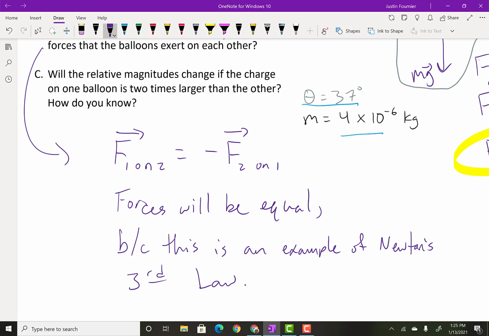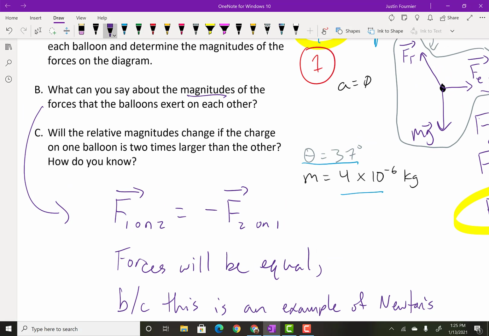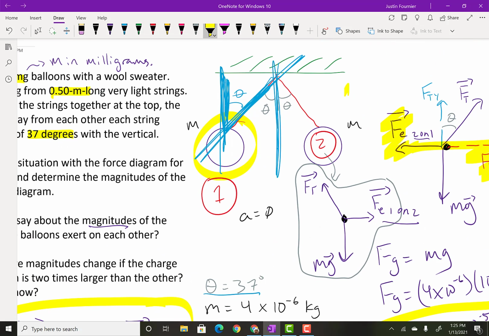Awesome. And then it says, will the relative magnitudes change? So I think they mean the relative magnitude of the forces, if the charge on one balloon is 2 times larger than the other. How do you know? My answer is no, they're not going to change, because Newton's third law is still going to hold. It doesn't matter if I jam a bunch of charge onto this object.